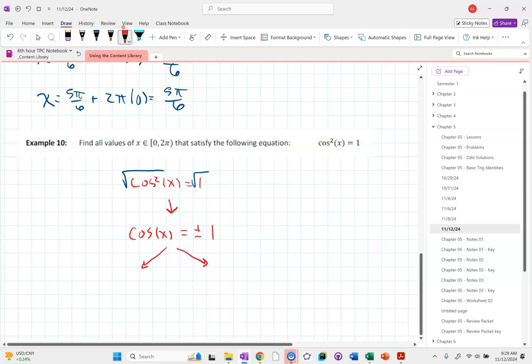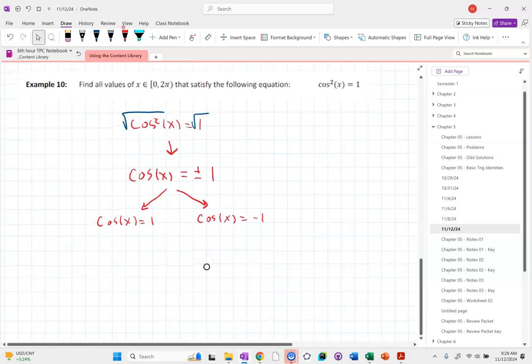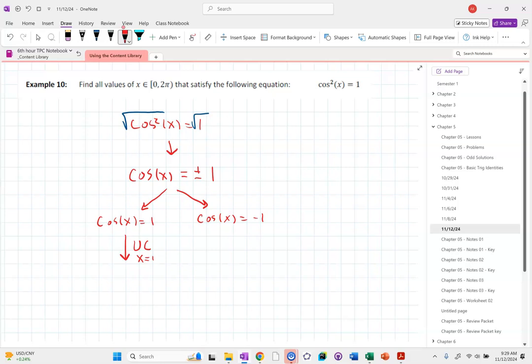So before we go to the unit circle, we'll rewrite that as 2 separate equations, cosine x equals 1, and then cosine x equals -1. And then we're going to go to the unit circle and look for where the x-coordinate is 1, and where the x-coordinate equals -1.